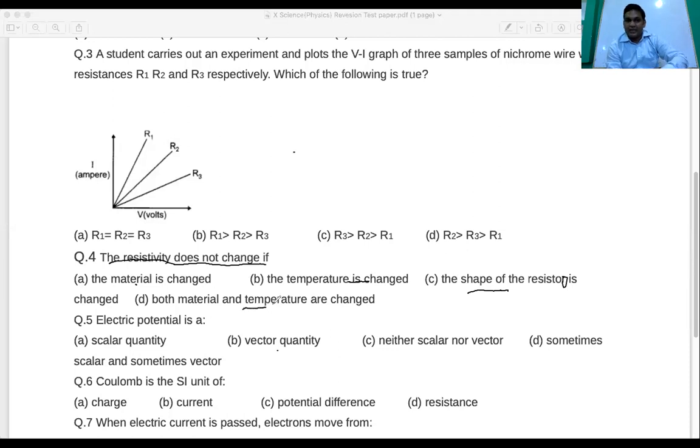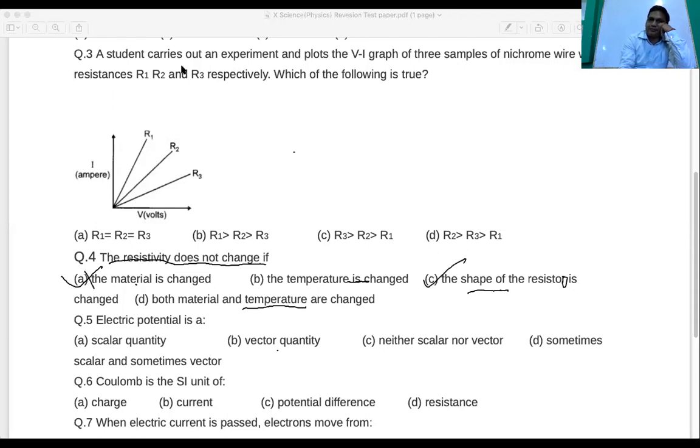No. On changing the temperature, the resistivity changes. So A will not be the correct answer. Sir, C, yes, the shape of the resistor is changed, so resistivity will not change. This will be the answer.